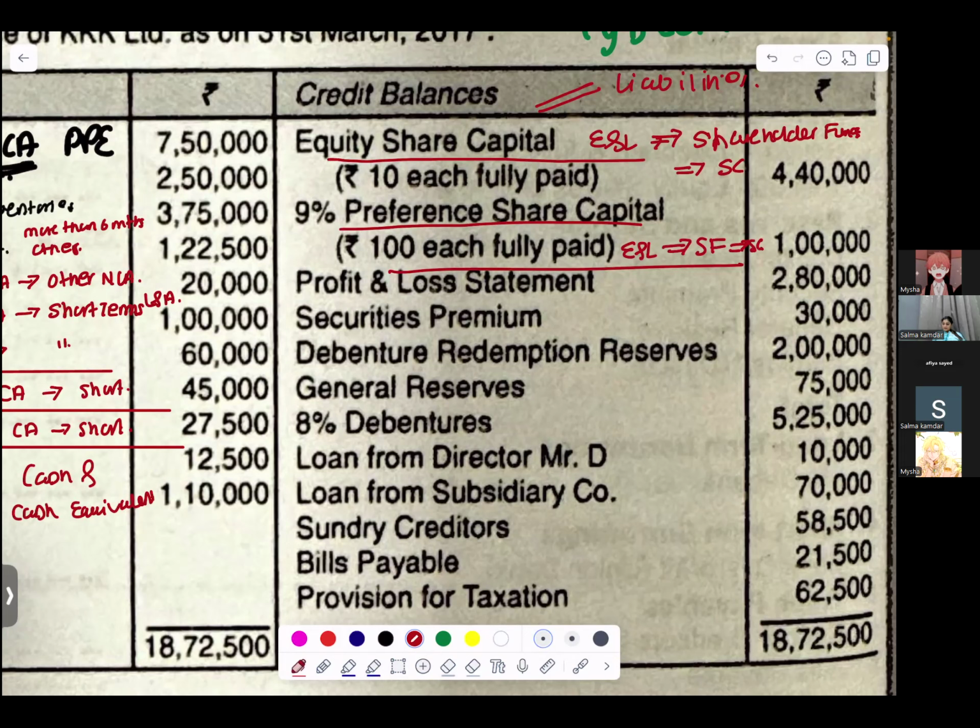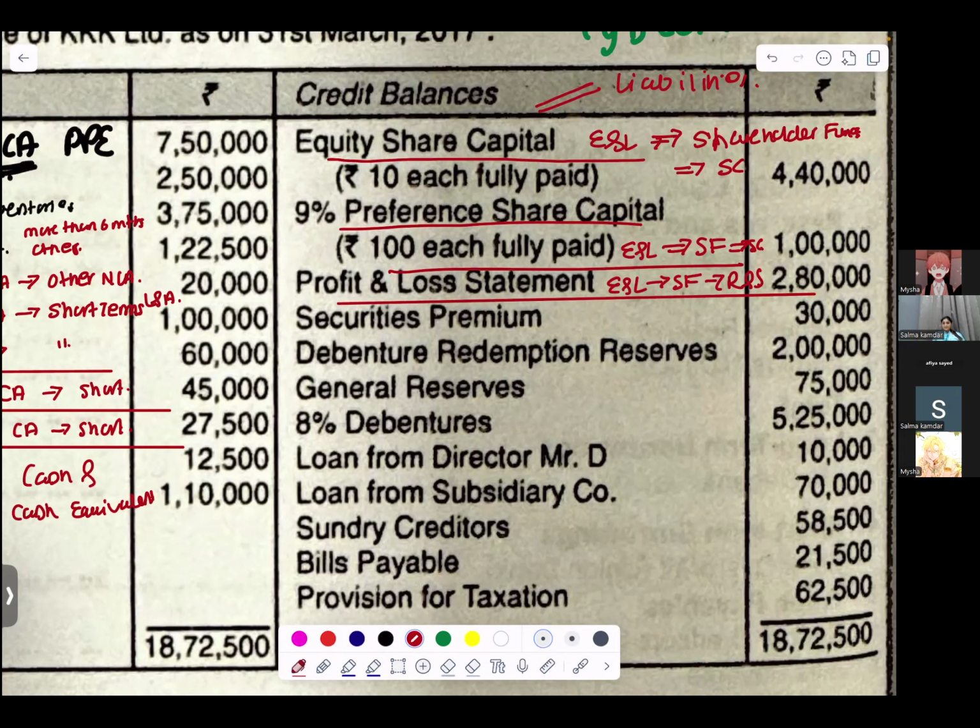Now, this is a profit and loss statement. It has a credit balance. Where will it go? Reserves and surplus. So you will always say equity and liabilities, shareholders funds, reserves and surplus.